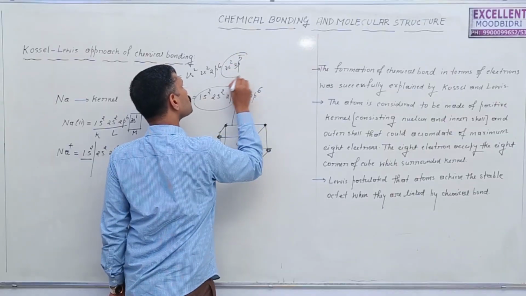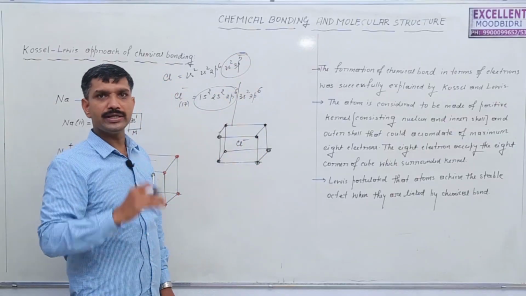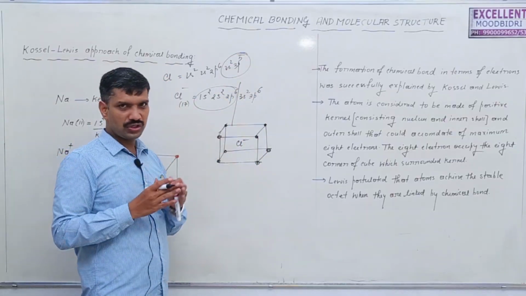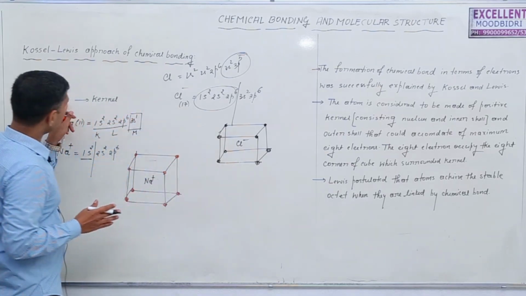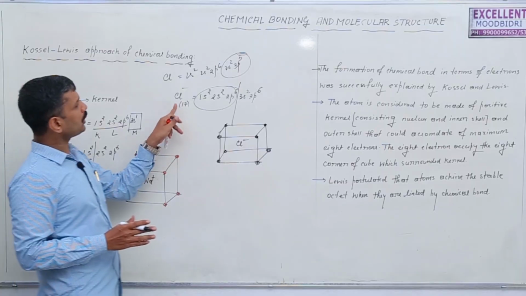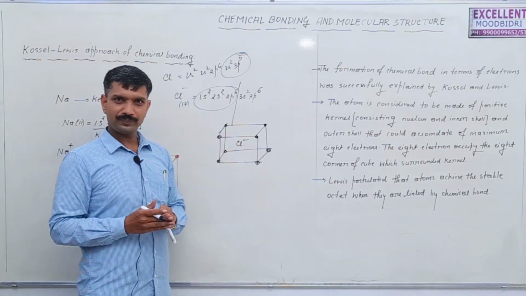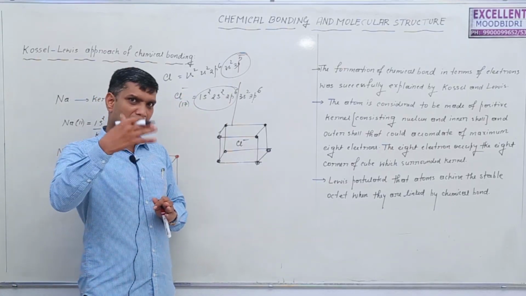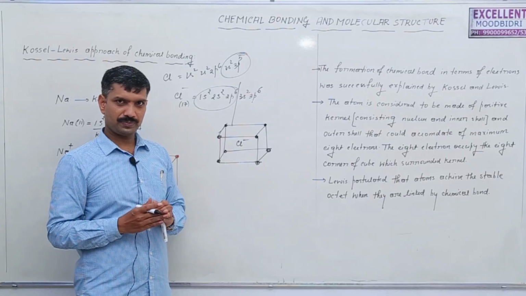The outermost shell contains only 7 electrons, not 8. That's why chlorine is not stable. The sodium atom is not stable, but the sodium ion is stable, and the chloride ion is stable, because they have 8 electrons in the outermost shells.